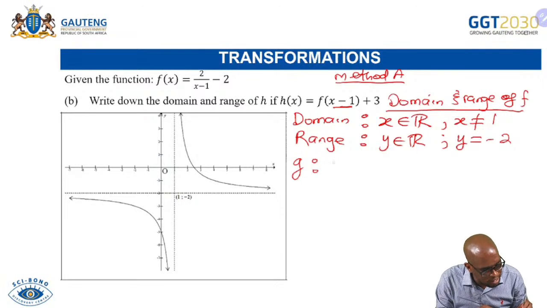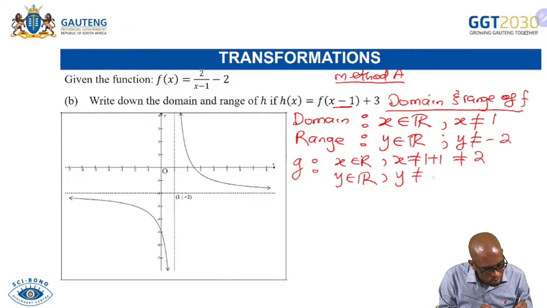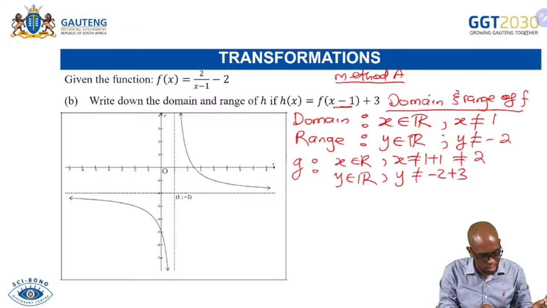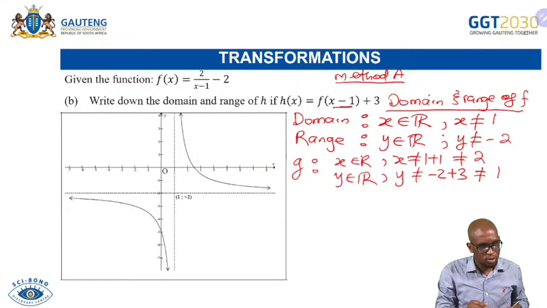So the domain would be x an element of all real numbers, but x cannot be equal to 1 plus 1, which implies that x cannot be equal to 2. And then the range, y an element of all real numbers, but y cannot be equal to minus 2 plus 3, because all these points are moved 3 units upwards, which means that this would be 1. It's not equal to 1.